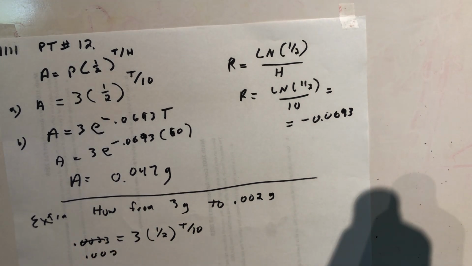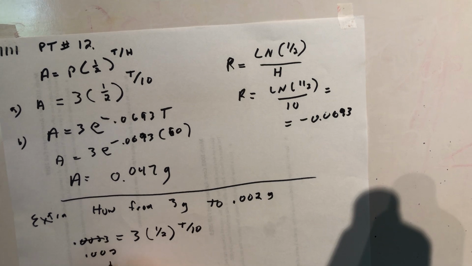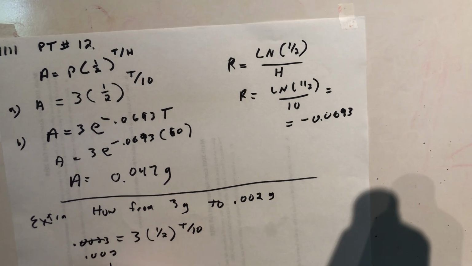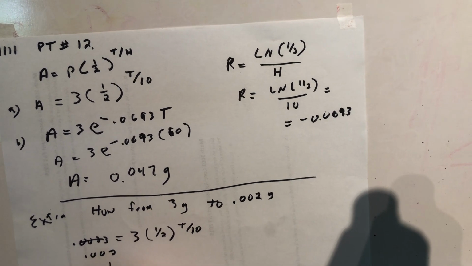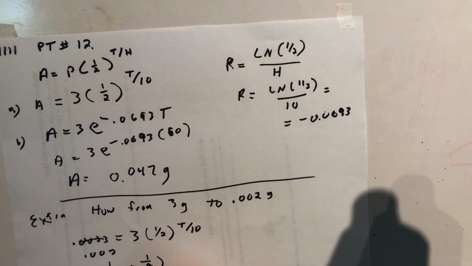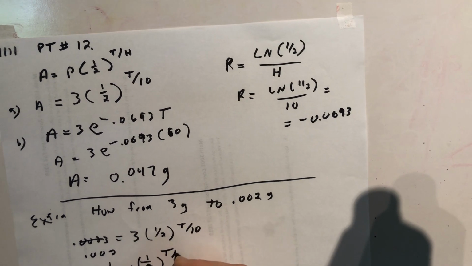So we divide those two. Haven't worked this one yet, I just made it up. So we're dividing 0.002 divided by 3. And you get 1 over 1500 equals 1/2 raised to the t over 10.